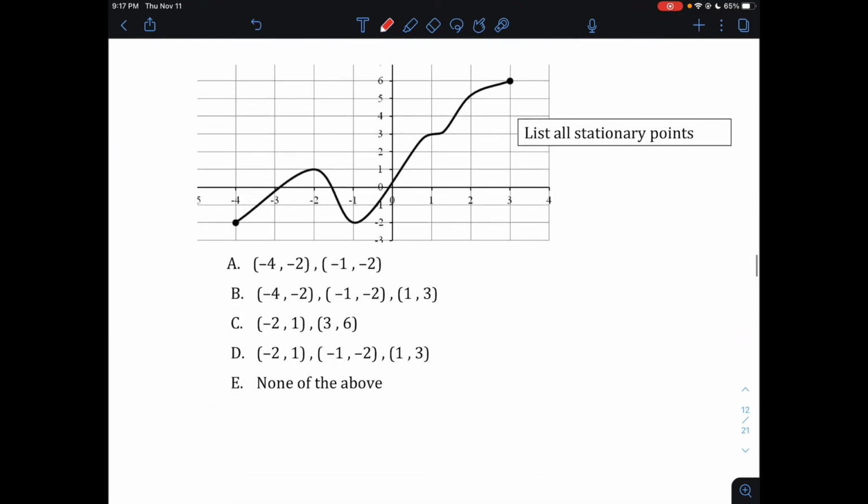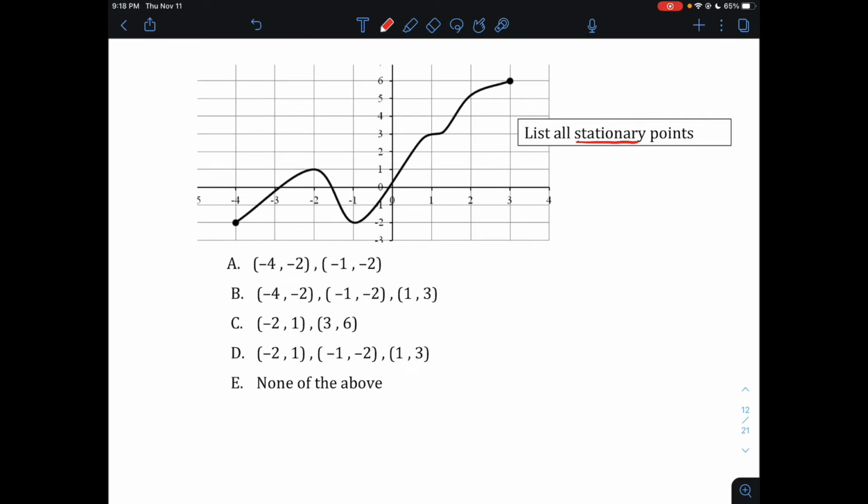Okay, now a review of finding some points off of a graph. So first, list all stationary points. What I would remind you of with this is this relates to your graph essentially being stationary, not moving. It also relates to when you think of a horizontal tangent line or when you reach a max or a min.